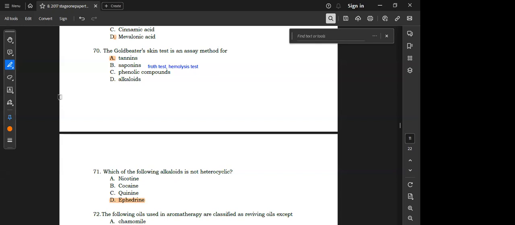True alkaloids have the nitrogen in a heterocyclic ring and are derived from amino acids. But the pseudo-alkaloids are not derived from amino acids.